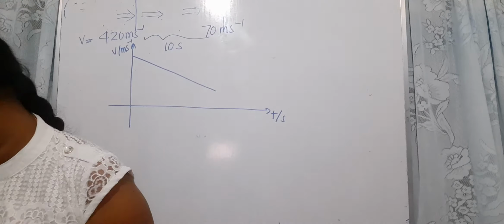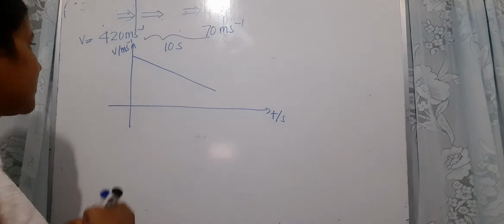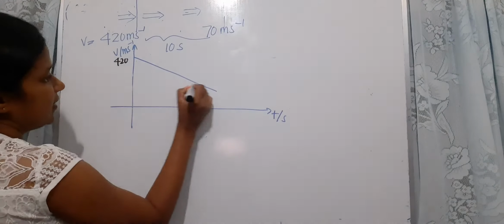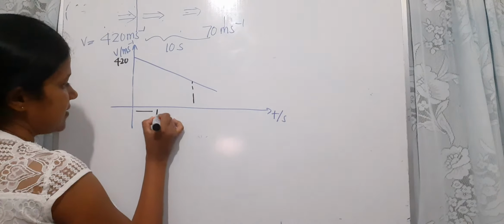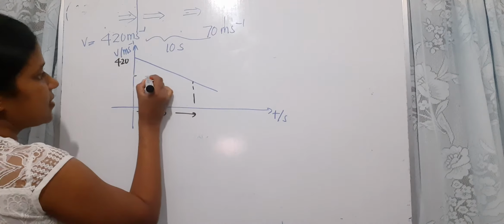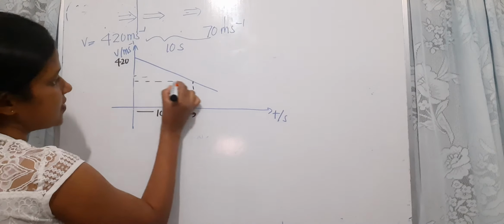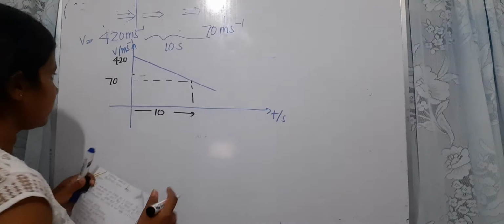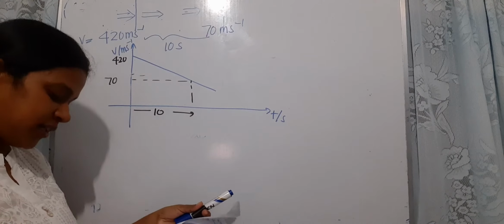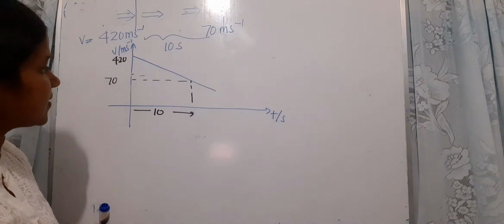We can see that the velocity is decreasing. Here 420, within 10 seconds it is 70 here. Then how far the bullet will travel before coming to rest?